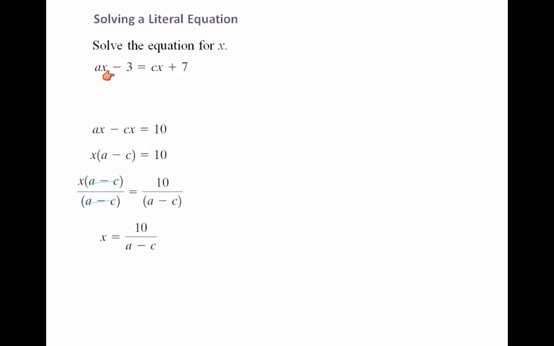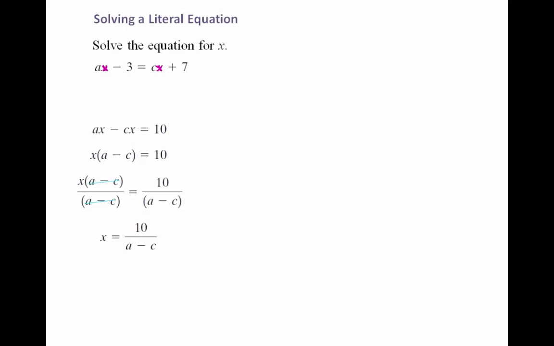Here we have a formula or equation: ax minus 3 is equal to cx plus 7. We're going to solve for x. The variable that you're solving for, in this case, is x. I'm going to use a different color here. It appears in more than one place.